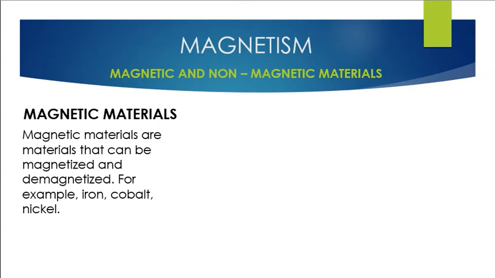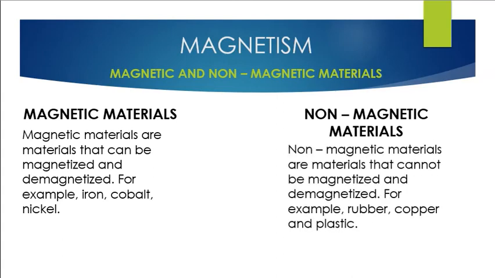On the other hand, we've got non-magnetic materials. If magnetic materials can be magnetized, it means non-magnetic materials cannot be magnetized or demagnetized. These are materials that cannot be magnetized and demagnetized, for example rubber, copper, and plastic. You can see under the heading non-magnetic materials, we've got the metal copper.